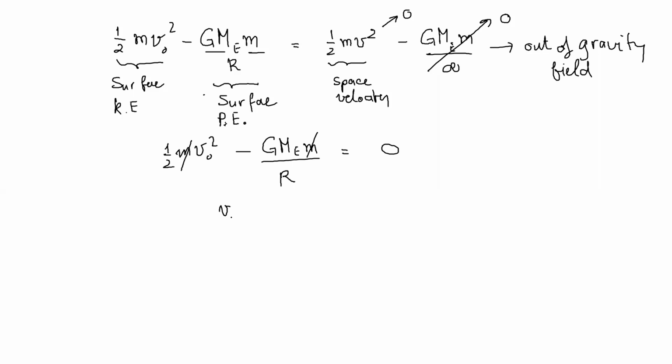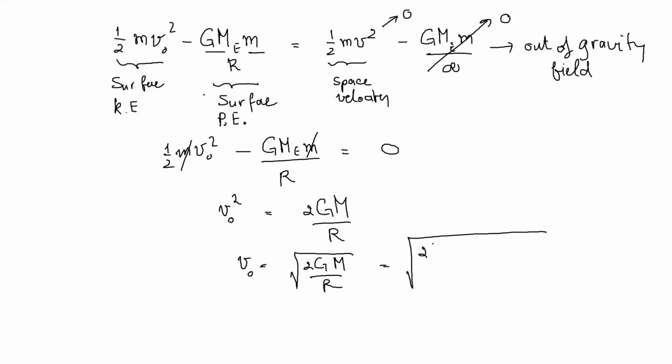So v0 squared is 2GM over r, as I move the left to the right, the negative sign changes. So v is the square root of 2GM over r.